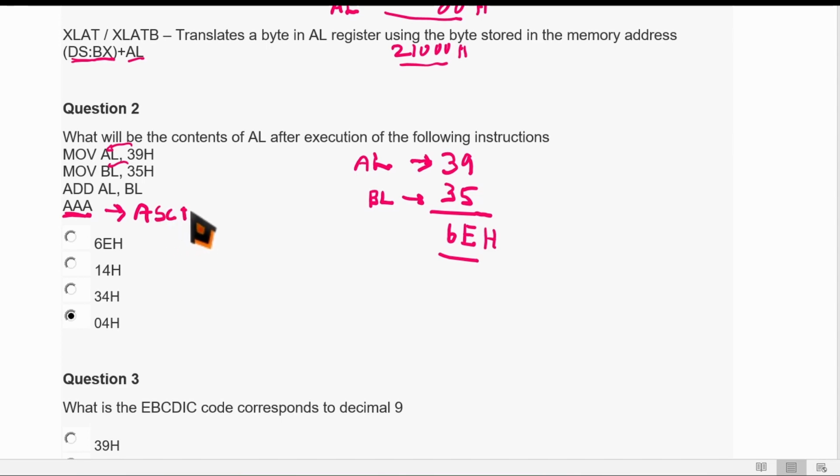Now this instruction is ASCII adjust accumulator, AAA. So in AL, you have 6E now.